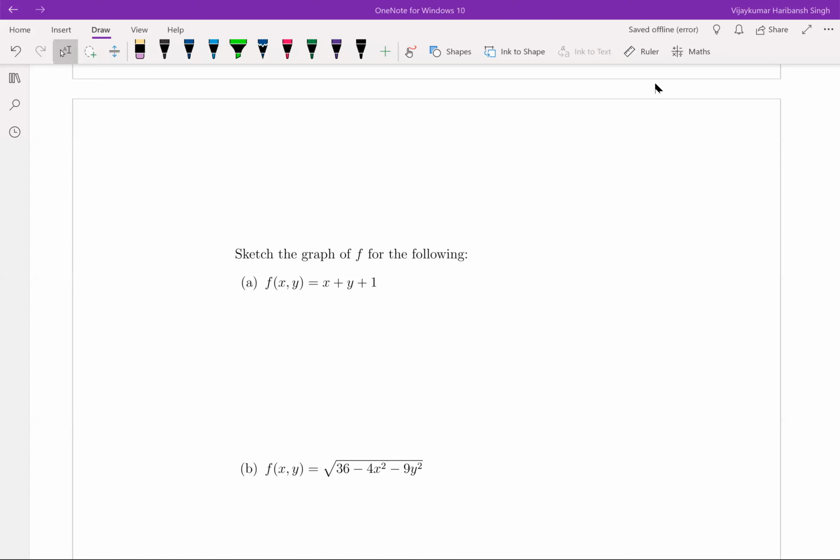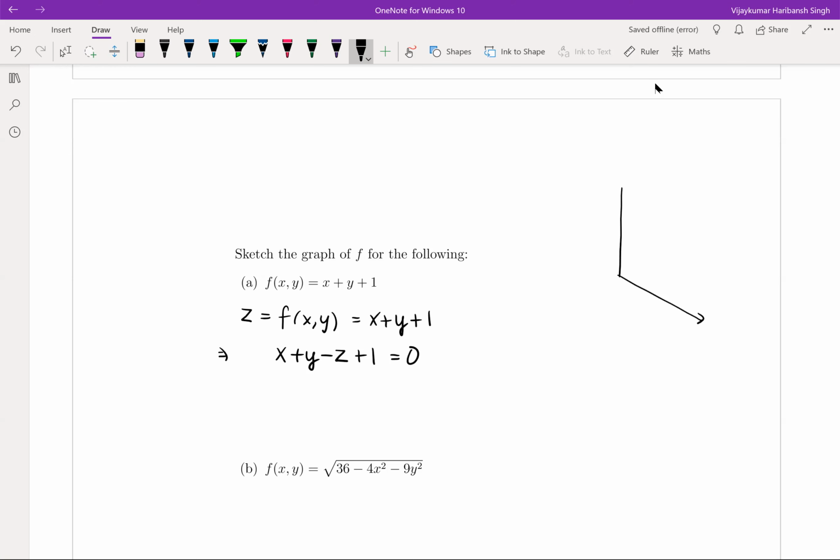This is slightly easy to draw, because if you let z equal f of x, y, that is x plus y plus 1, this implies x plus y minus z plus 1 equals 0. So we know this is the equation of a plane, and we have an idea of how to draw a plane. So we'll draw this graph using intercepts.